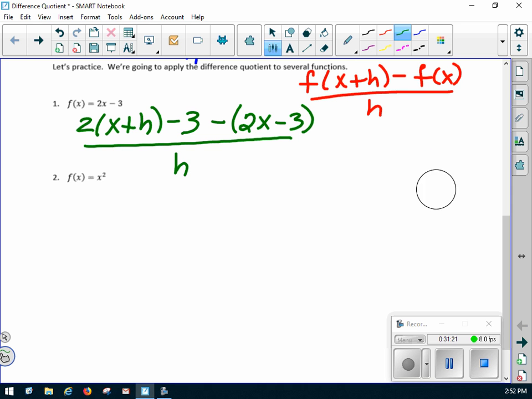Do algebra 2 it, simplify it. Okay, simplify that numerator. If you can't simplify that numerator, we got a problem. Come on.